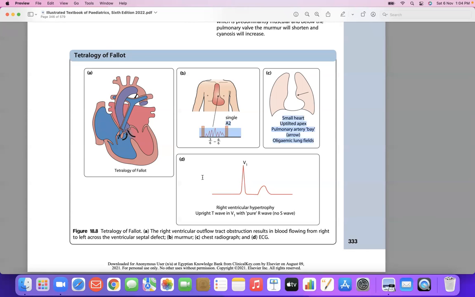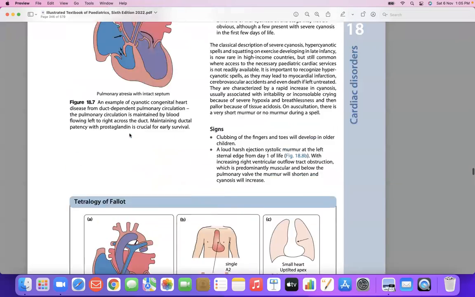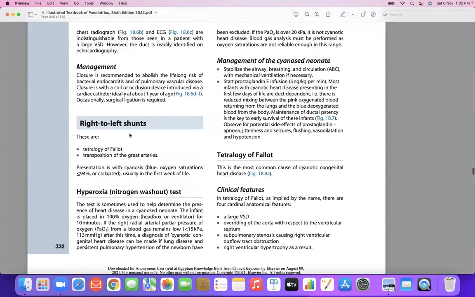Okay, so what is happening here? Small heart, up tilted apex. We all know that it is described as boot shaped heart, and pulmonary artery bay. This is the arrow. And oligemic lung fields. You'll have less blood flow to the lungs, so oligemic lung fields. Even the pulmonary artery will not be like in the normal heart.